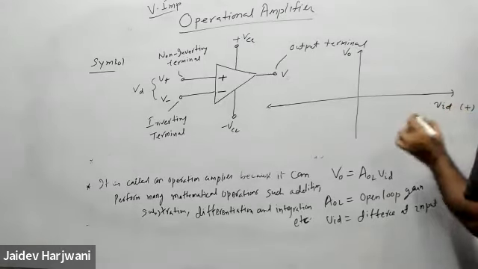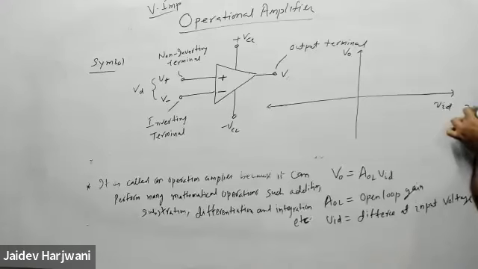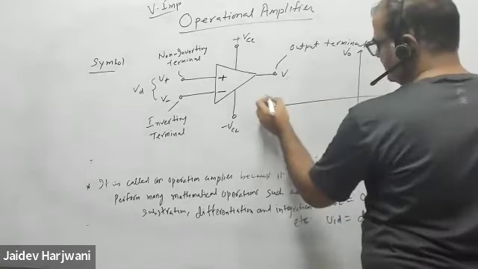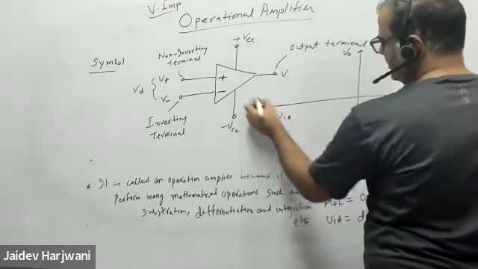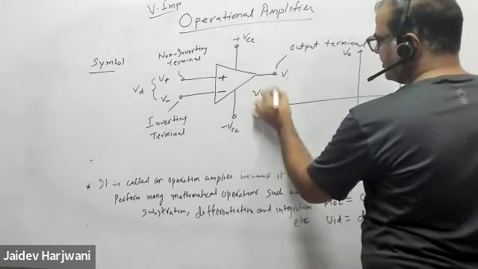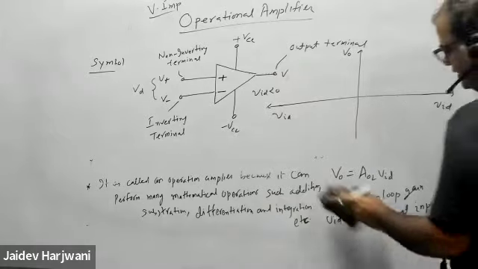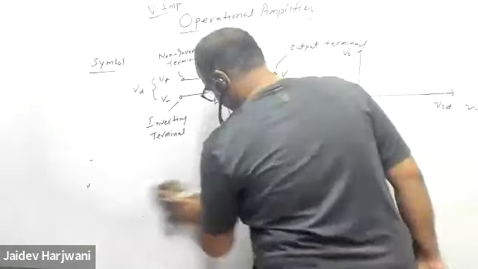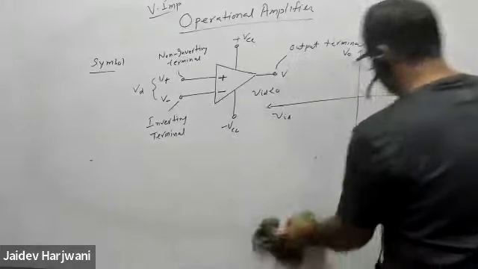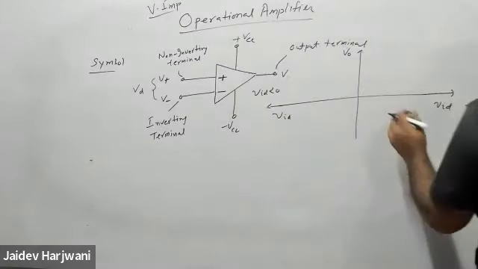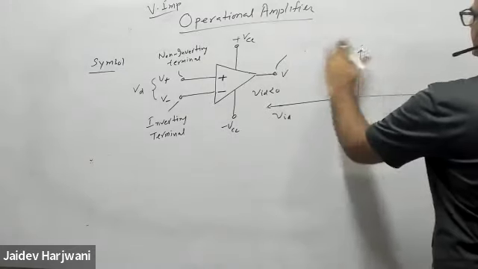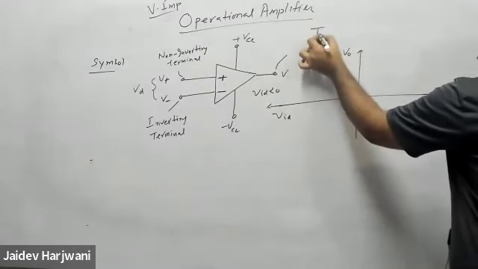Here VID is positive. This side, VID is negative. So now let us calculate the curve. This is called output versus input. This is called your transfer curve.